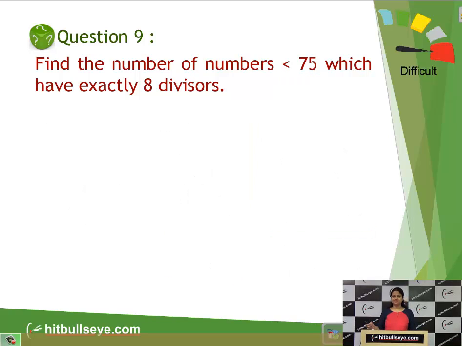Now coming to the next question. Find the number of numbers less than 75 which have exactly 8 divisors. So let us see. As we know that 8 can be written as either 8, or 4 into 2, or 2 into 2 into 2.